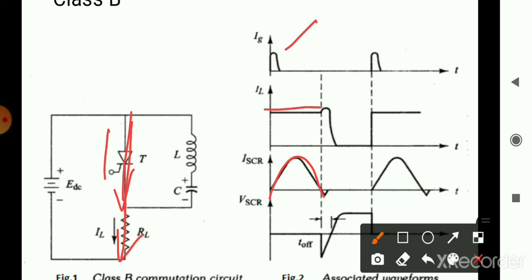So this is the load current, and this is the current which is flowing in the SCR. So when the SCR is conducting, obviously the load current will be flowing in the circuit. When the SCR is conducting, at the same time the capacitor will be discharging as well as charging.